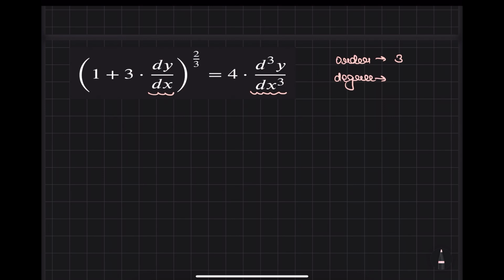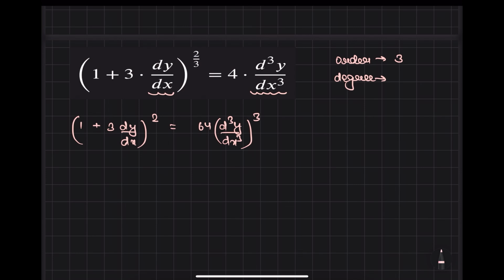Now what we'll do, we will take cube on both sides. So you will be left with 1 plus 3 (dy by dx) power 2 is equal to 64 (d3y by dx cube) whole power 3.